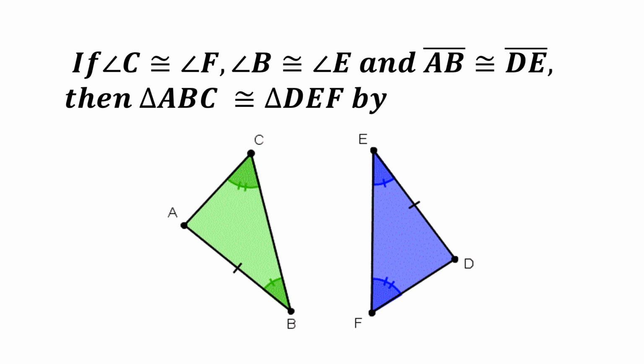We're going to observe the two triangles, side AB and side DE are congruent, but they are non-included sides. Those sides are not in between the two angles. Therefore, the two triangles are congruent by AAS theorem, or angle-angle-side theorem.